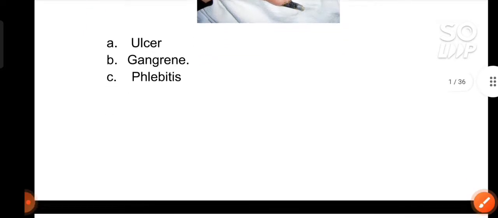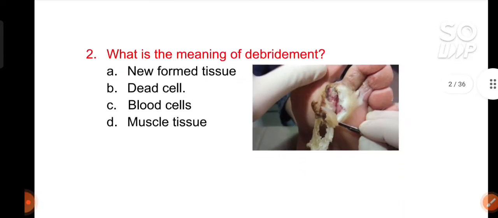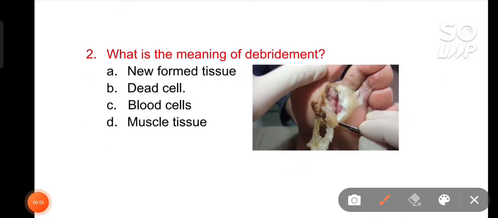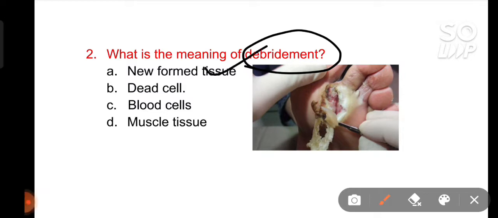The next question is, what is the meaning of debridement? The options are new formed tissue, option B, dead cells, option C, blood cells, option D, muscle tissue. Here in this picture the doctor is removing the tissue from the wound. What do we call it?